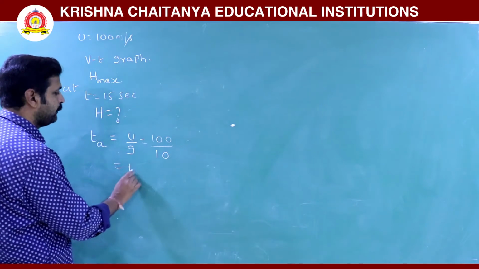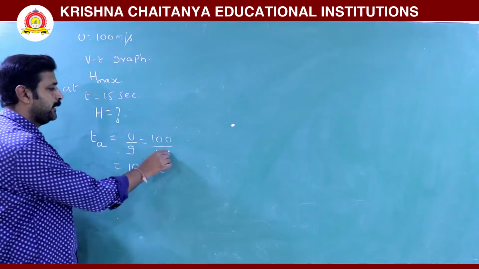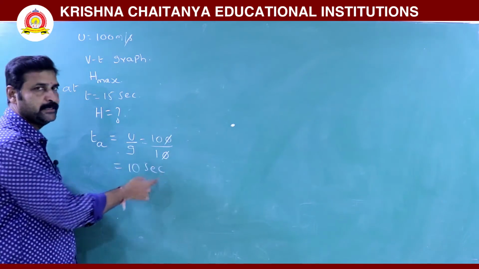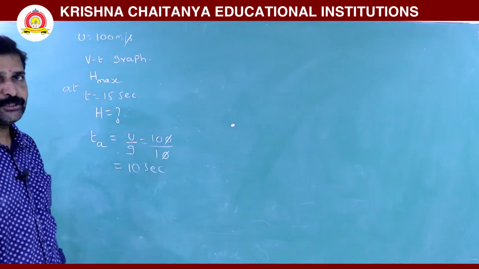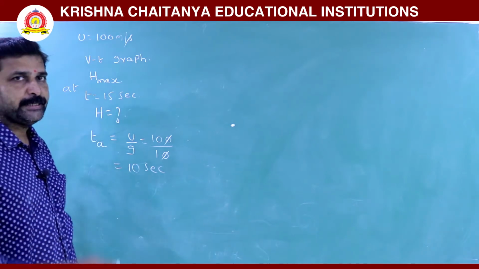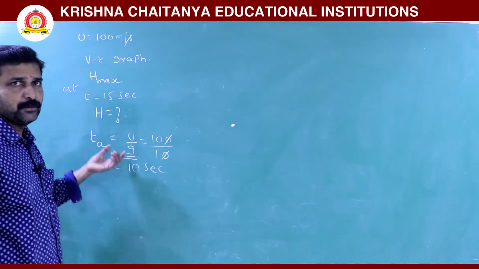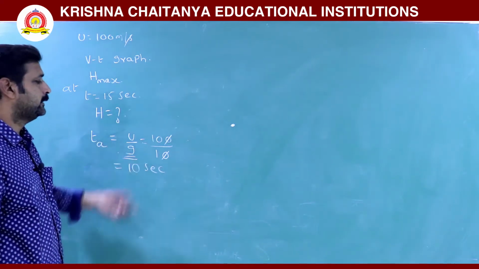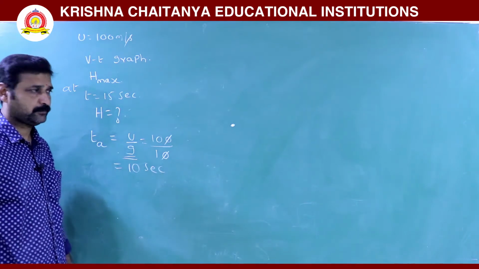That means the time of ascent is 10 seconds. Here we are taking g as 10. So it reaches maximum height during 10 seconds.